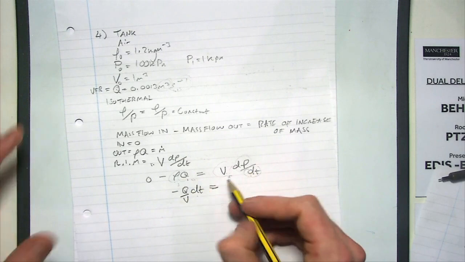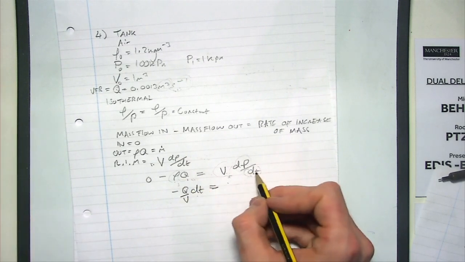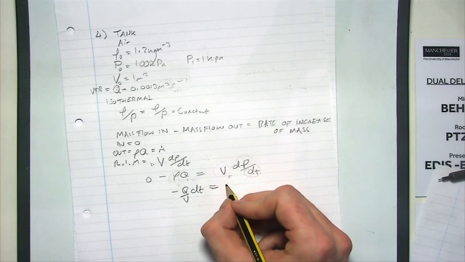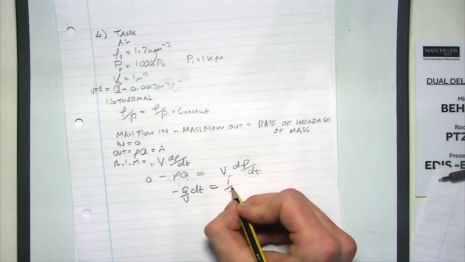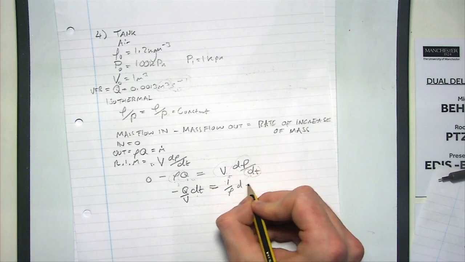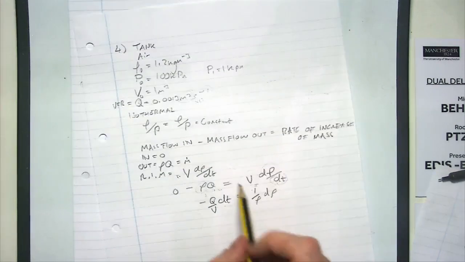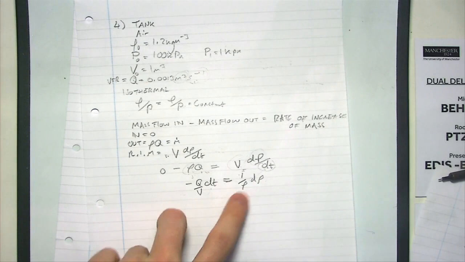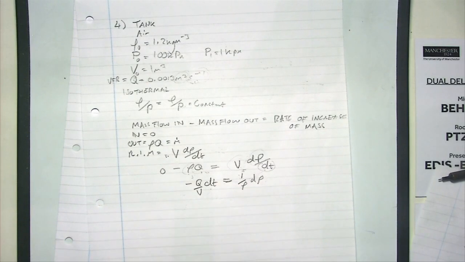The dt comes over because these aren't fixed, it can move. And then we've got 1 over rho d rho. I've just done some rearranging of this equation to group units up and get the rho's isolated.